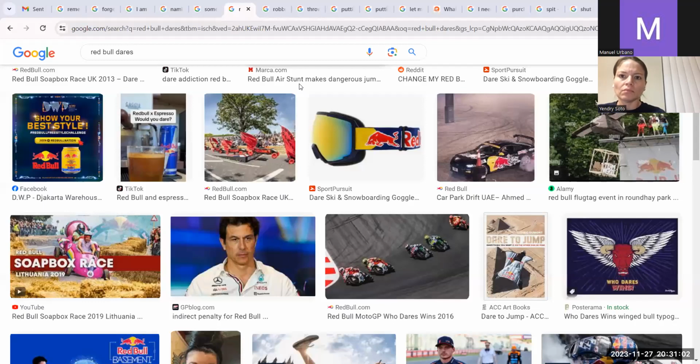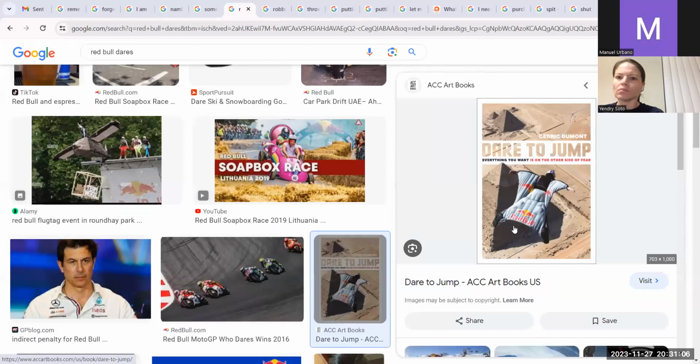Red Bull se convirtió en la marca que impulsa mucho los deportes extremos, ¿no? Entonces, por ejemplo, como ya sacaron this new suit that you can fly, que no cae uno en paracaídas en caída libre, sino que puede como planear un poco, ¿verdad? Entonces, por eso dicen ellos, dare to jump. Lo retamos a saltar.